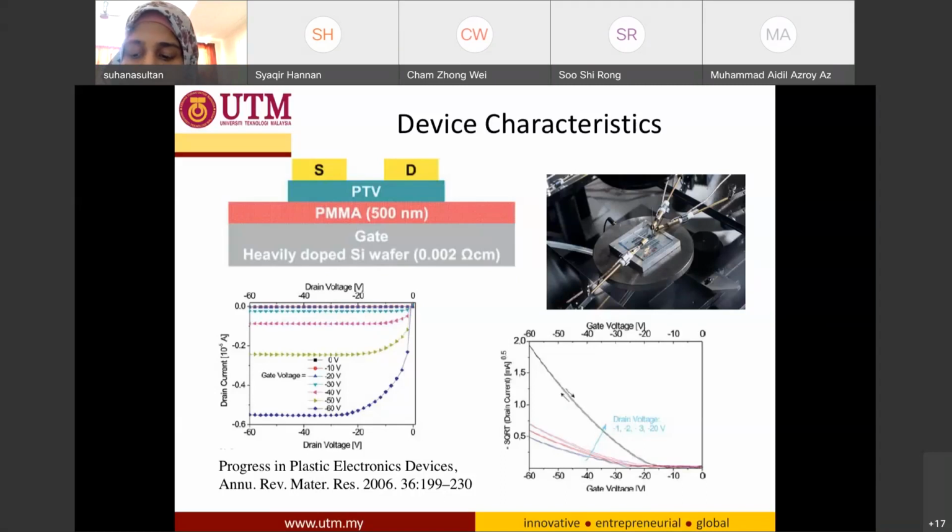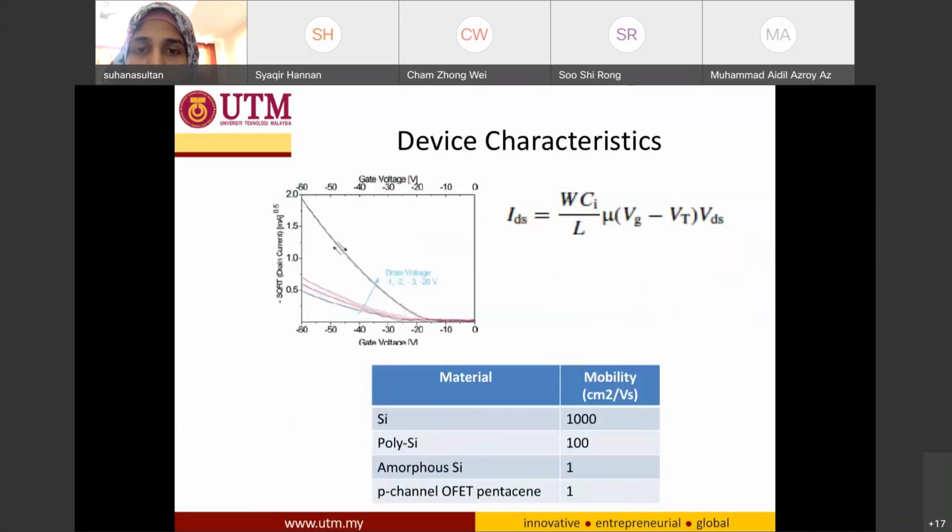If you look carefully at organic semiconductor, you still can achieve switching, but the mobility is lower. And the theory of the transistor applies to the organic transistor. Even though it's organic based, this is a typical transistor equation, so you still can apply it to get the mobility.